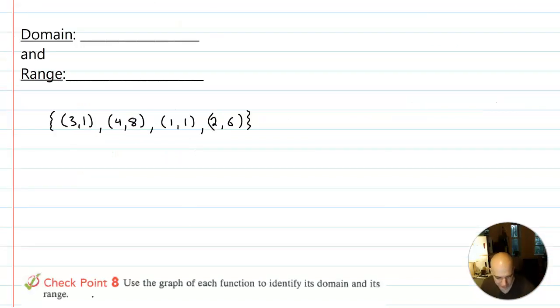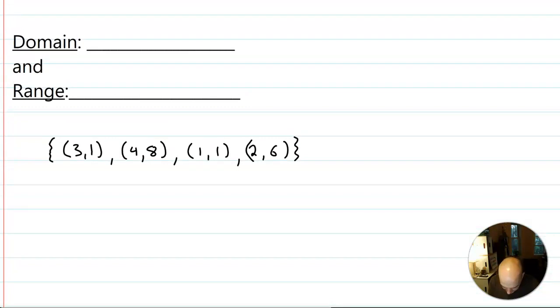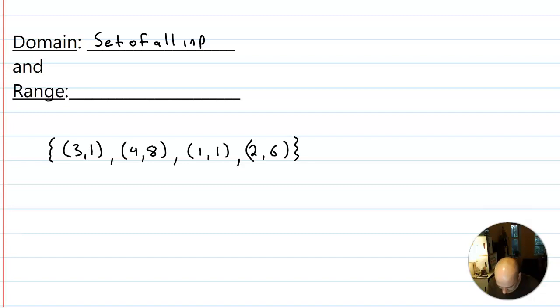So one of the last things we're going to talk about today is how to find the domain and range of a function or relation. Both have domains and ranges, but mostly functions today. So we've already mentioned these terms, but let's just recap. The domain is the set of all inputs to the relation or function, and the range is the set of all outputs.